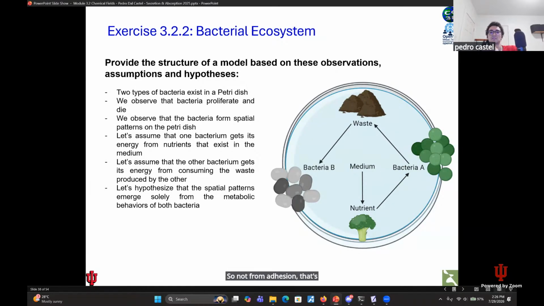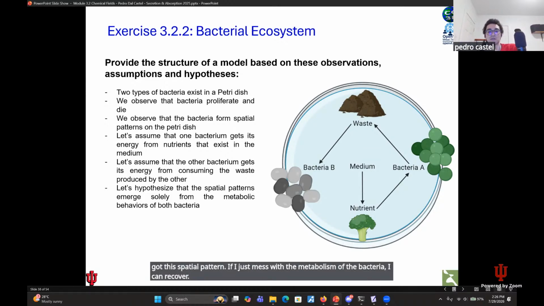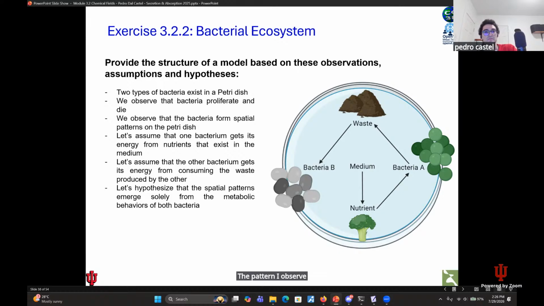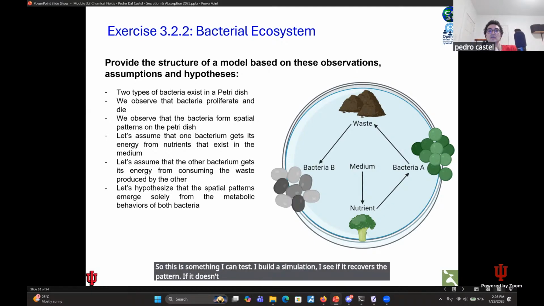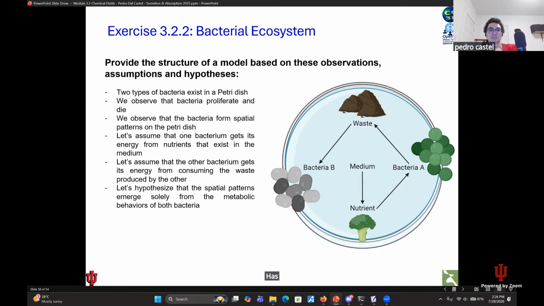That's a hypothesis. I don't need adhesion to get this spatial pattern. If I just mess with the metabolism of the bacteria, I can recover the pattern I observe experimentally. So this is something I can test. I build a simulation, I see if it recovers the pattern. If it doesn't, my hypothesis has one counter evidence.